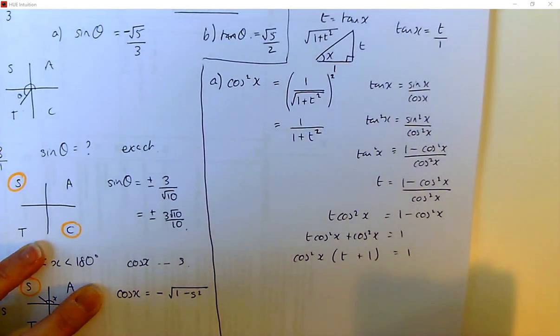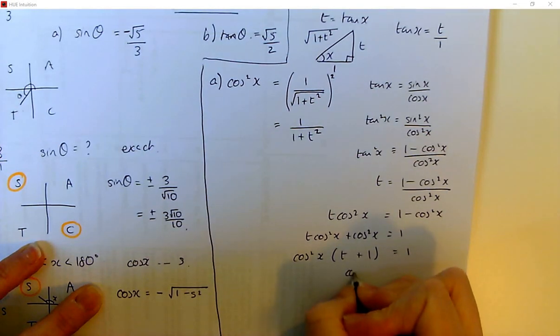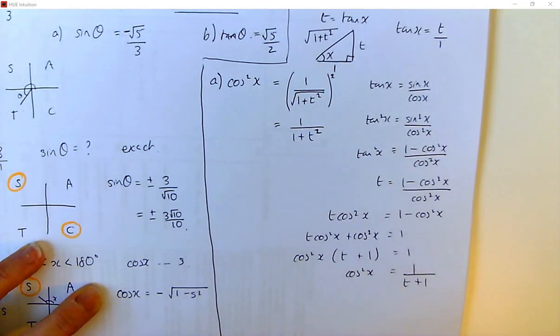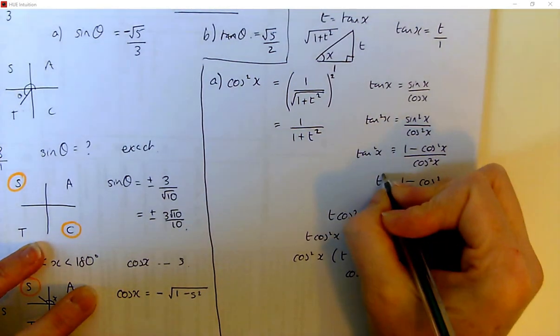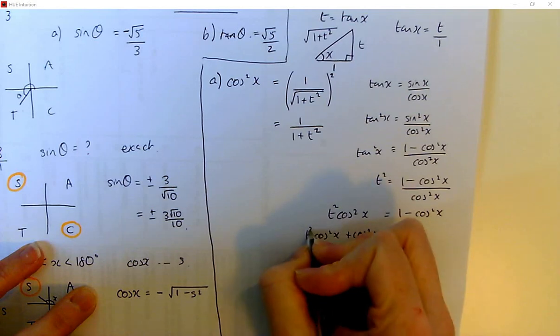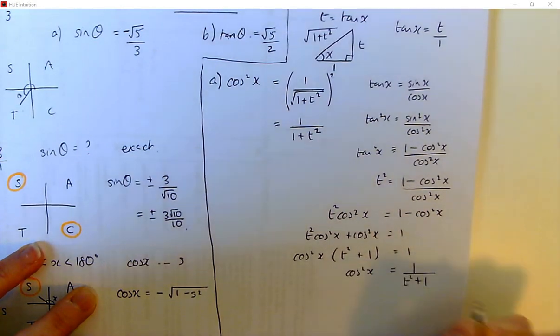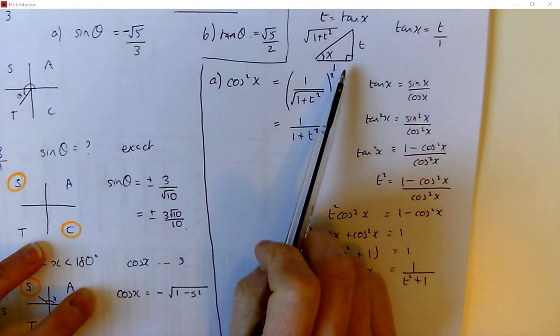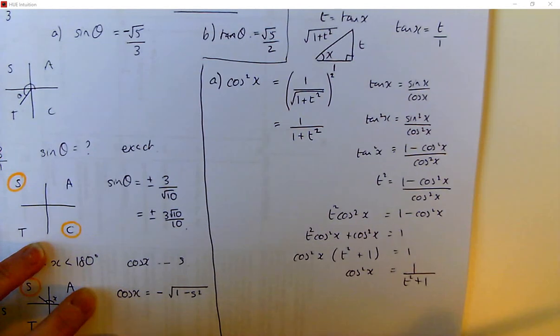And then let's divide through by t squared plus 1. Oh, it should have been t squared all the way through, shouldn't it? There we go. That's better because it was tan squared. And that gives us the same answer as we got from our triangles. I can use that same triangle to answer the other questions.